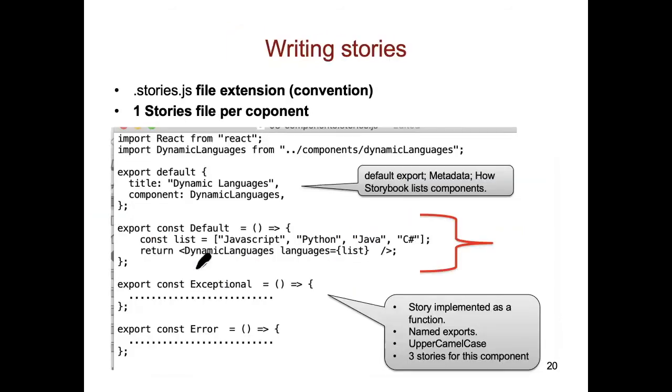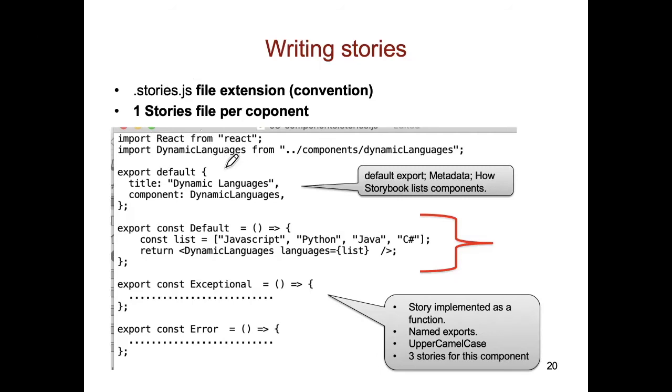So we have to write stories for each component. By convention, we put the stories into a file with this extension, although it's purely conventional. It is a JavaScript file, so we implement our stories in ordinary JavaScript. And we have one stories file per component, again by convention.